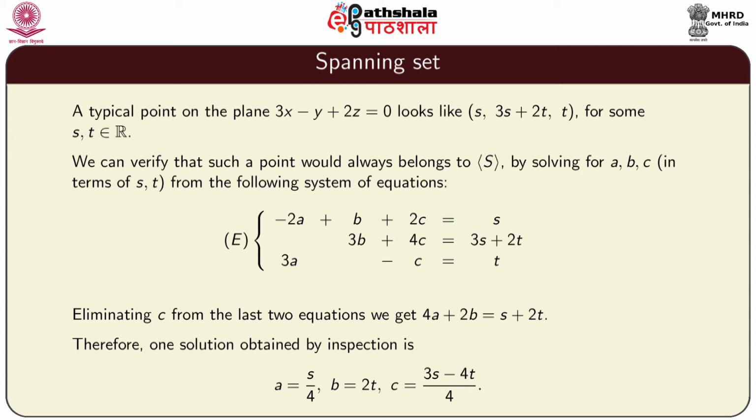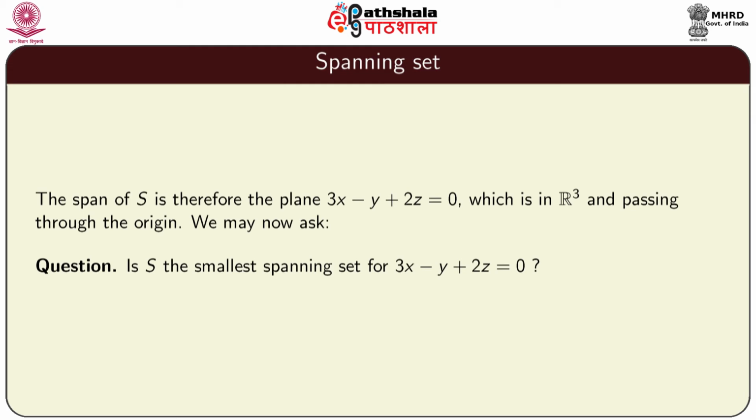This shows that a point which is lying on the plane 3x - y + 2z = 0 is indeed in span of S. Therefore, the span of S is nothing but the plane passing through the origin, which is given by 3x - y + 2z = 0.